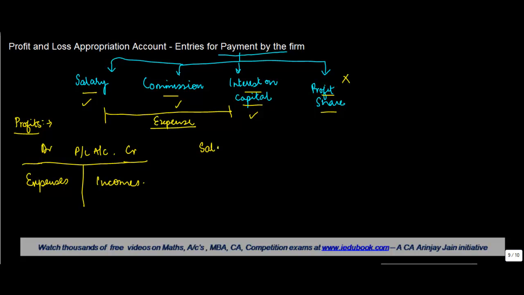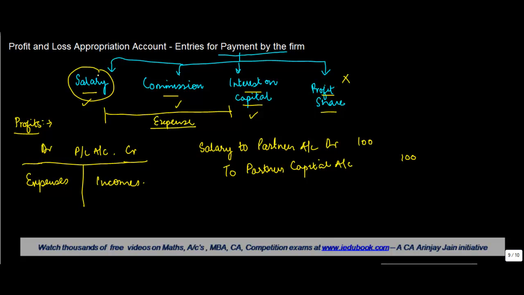So let's say we have salary, so we would pass the entry: salary to partner account debit to partner's capital account, whatever that number might be, right?